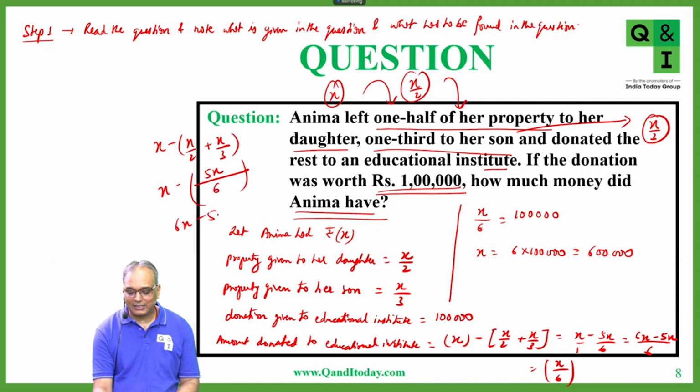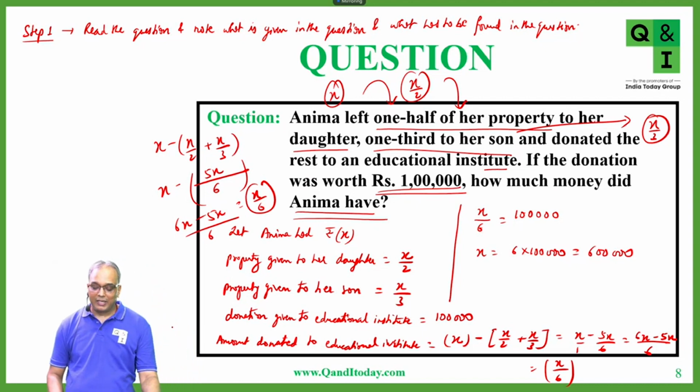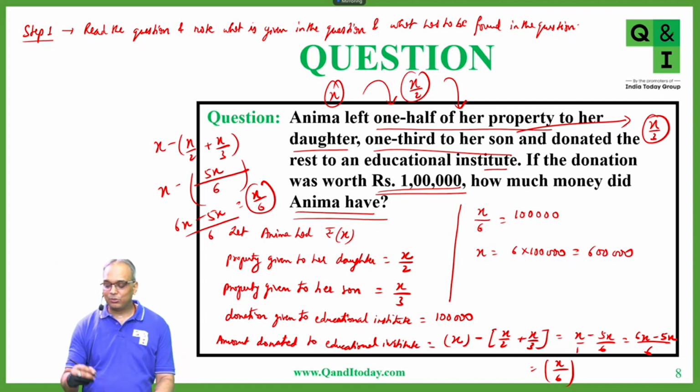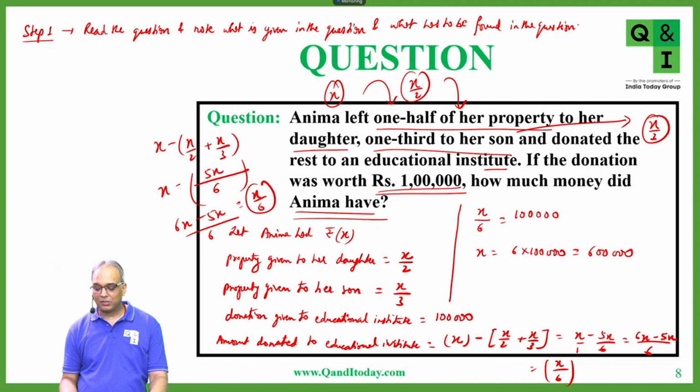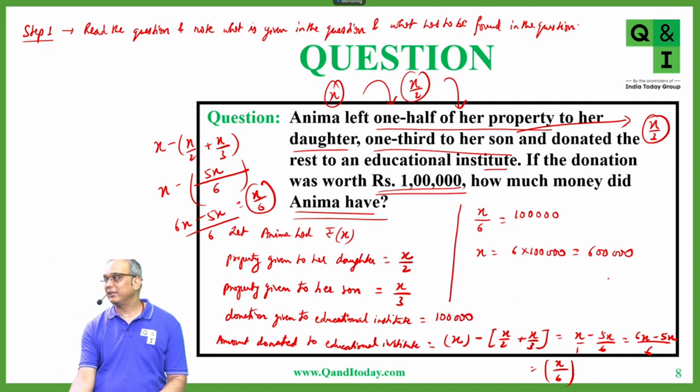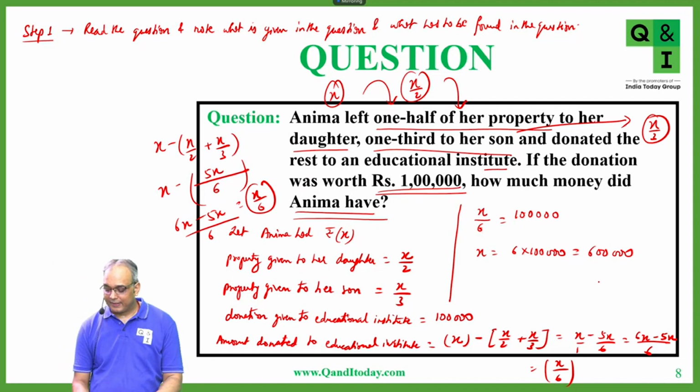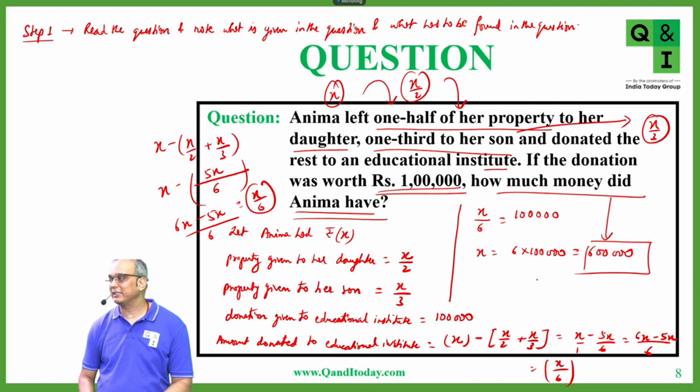So 6X minus 5X over 6, which is X by 6. So this is the remaining amount. Now this remaining amount, she is donating to the educational institute. So that is equal to 1 lakh. So X by 6 is equal to 1 lakh, and X will give you 6 lakh. Right? So this is the total. How much money did Anima have? 6 lakh. This is the total amount she had.